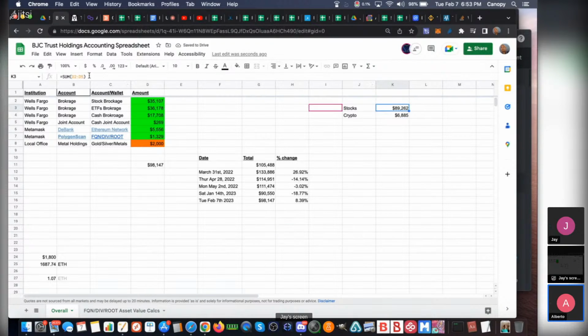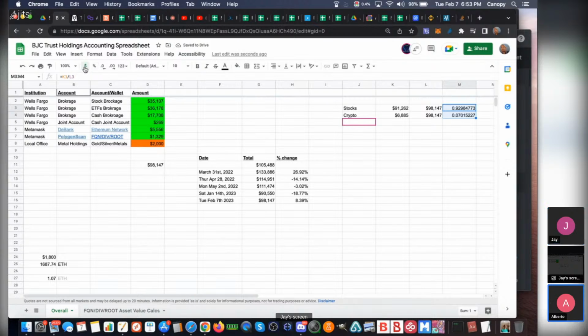We'll just put the gold in there for now. All right. So then we take the total amount, which is the 19,000, and we can just see what that looks like in terms of percentage. And it looks like the crypto is currently about 7%.